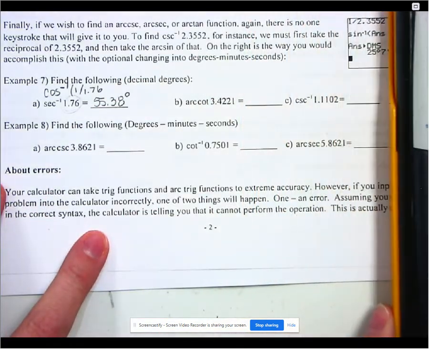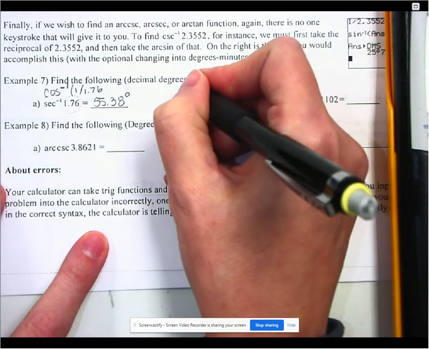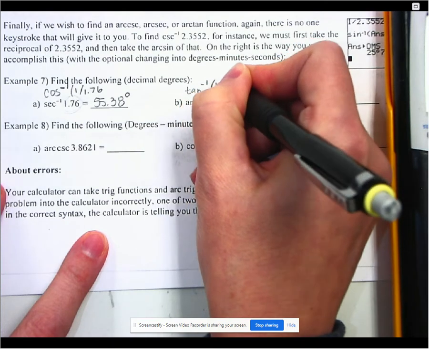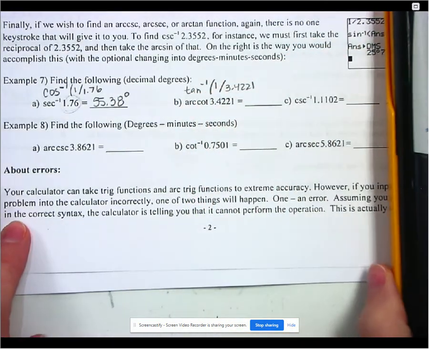Okay, so when I want to do the arc cotangent, we would do the inverse tangent and then 1 over that decimal. Write it down.